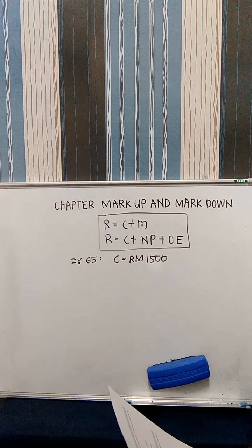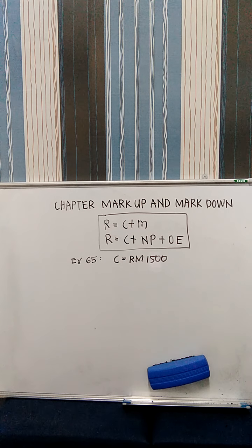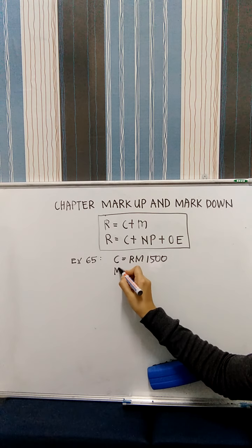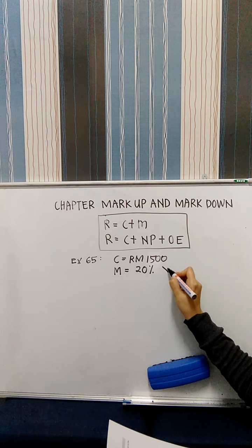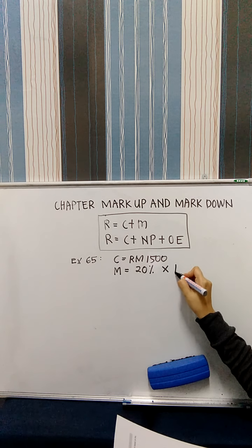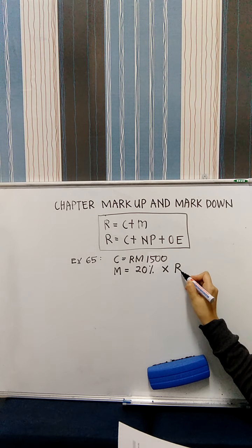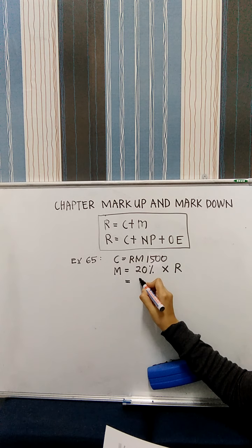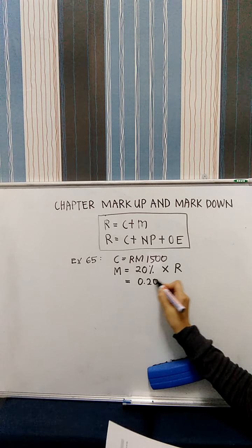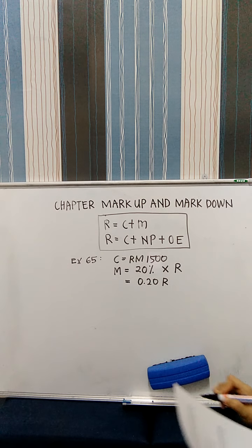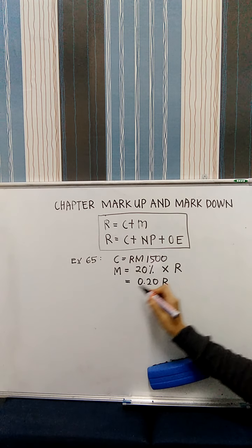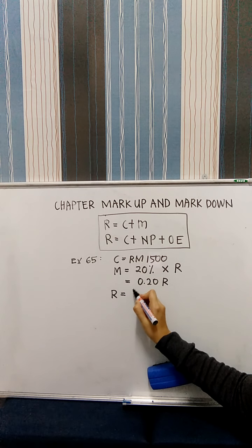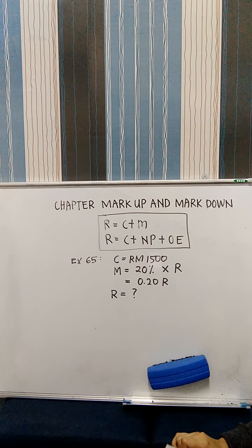The seller wants a 20% markup based on the retail price. So M, markup, is 20% based on retail price. Retail price is R, so times R. So 20% is 0.20 times R. Find the retail price. The question asks you to find the R.